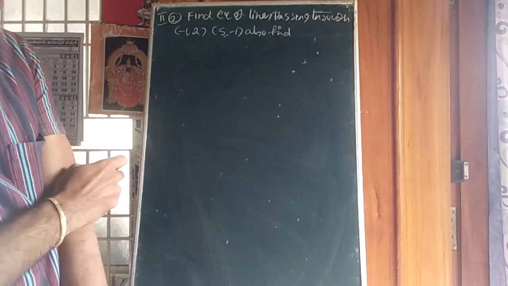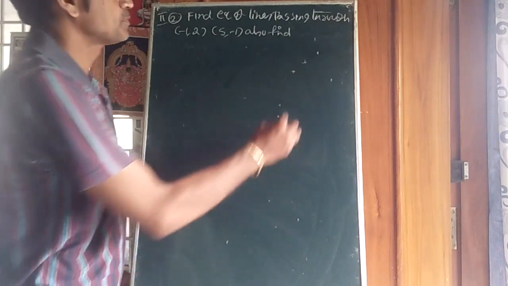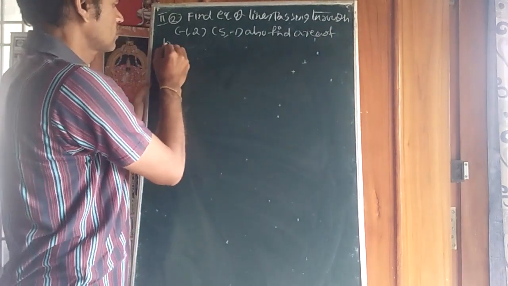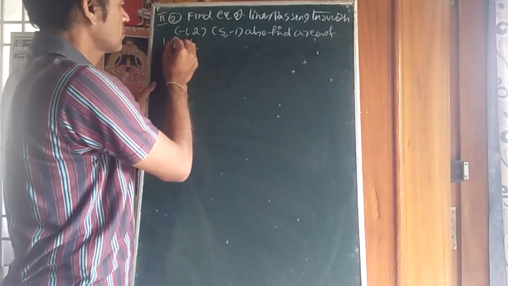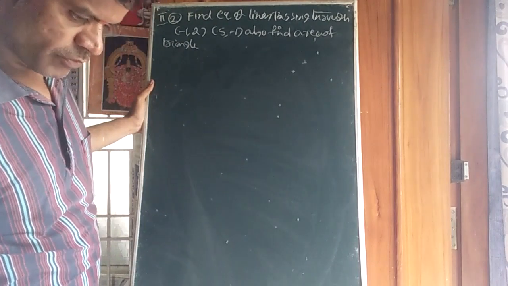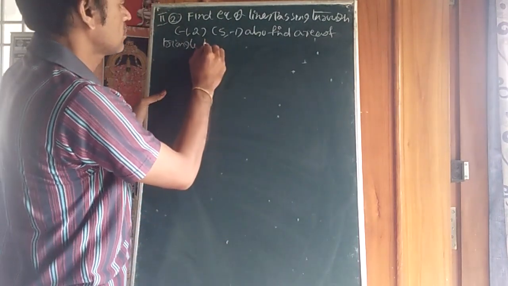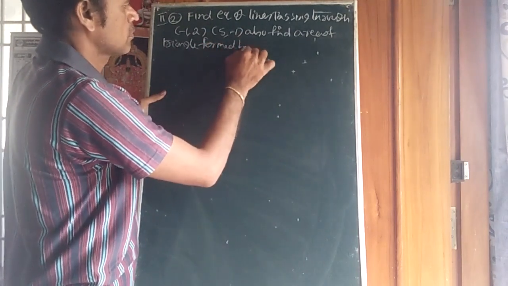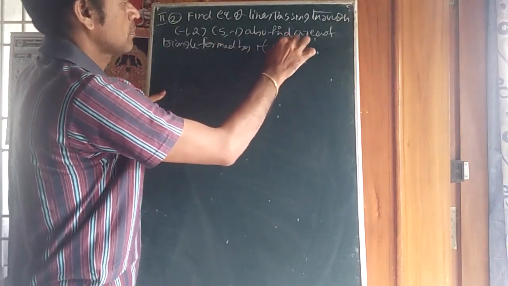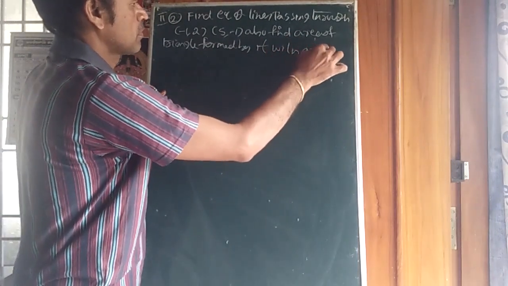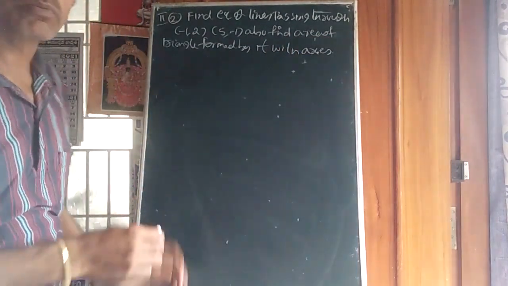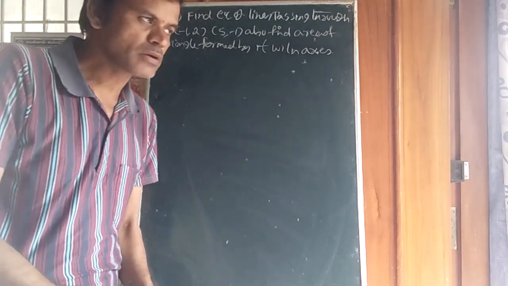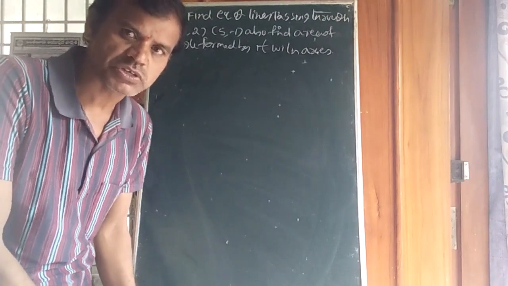Also find the area of the triangle formed by the line with the axes, simply I am writing axes meaning coordinate axes only, x and y. Apply the formula c square by 2 mod ab after getting the equation of the line.